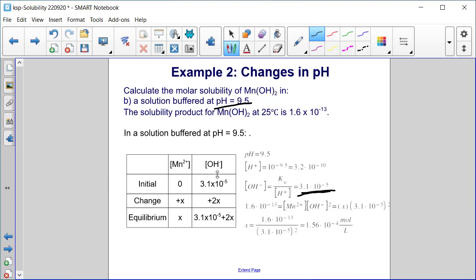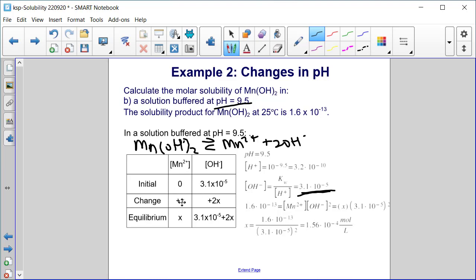That's the initial concentration of the hydroxide. And then, of course, some of our manganese hydroxide will dissociate into Mn2 plus and hydroxide. We do start out with some amount of hydroxide based on the solution that it's in.